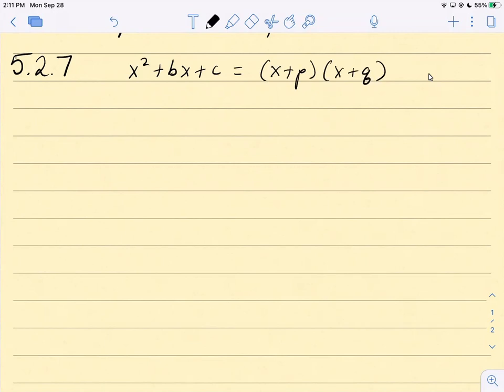For these types of expressions, even though b, c, p, and q are letters, it's important to think of them more as constants, like numbers, and think of x as the variable. And b, c, p, and q are like your coefficients, numbers that are not changing. And that helps me to think about these types of problems.